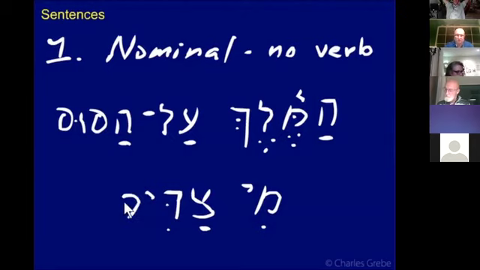Tzaddik is righteous. So this is the question, who is righteous? You just apply the verb there. So you can take a noun and a prepositional phrase and make a sentence, or you can take a noun and adjective, and just putting them together will form a nominal sentence. The verb is assumed.